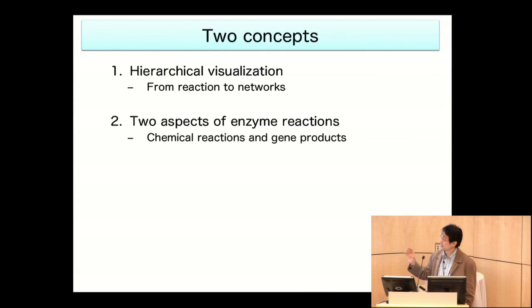And the second one is 2 aspects of the enzymatic reactions. We can see each enzymatic reaction as just a chemical reaction, but we can also see it as a gene product, because each enzyme is coded by a gene.